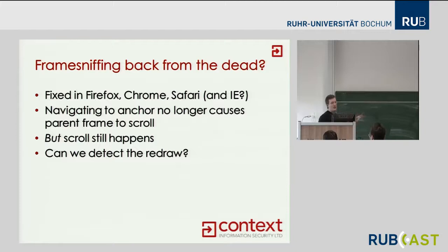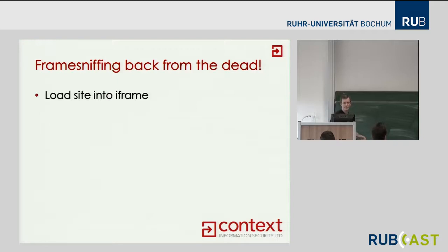But if I navigate to an anchor that doesn't exist, then presumably nothing's changed. No scroll is going to happen because the ID doesn't exist, so no redraw happens. So can we detect that redraw when the browser scrolls? Can we detect that scroll has happened through the redraw?